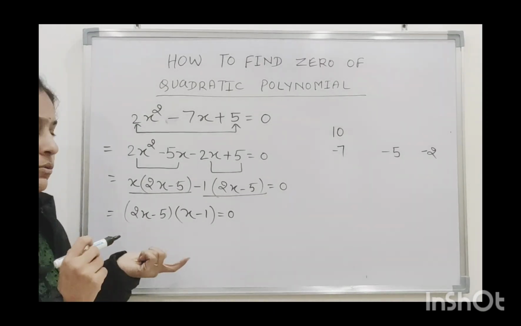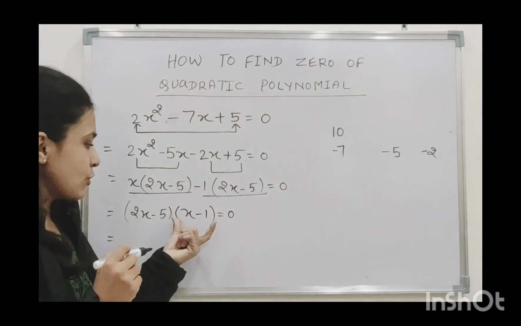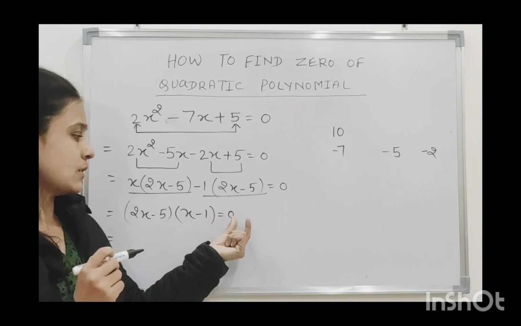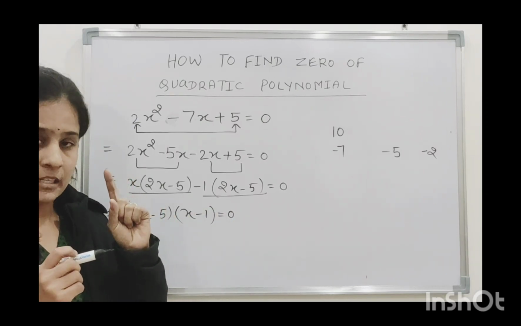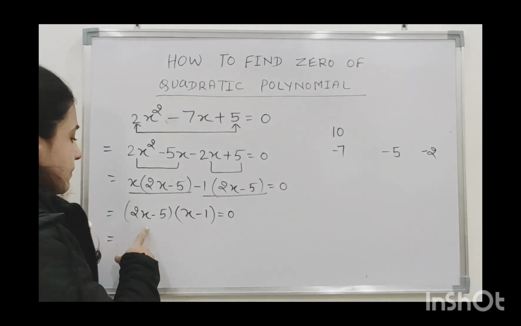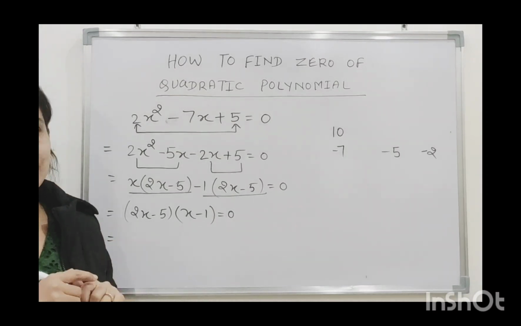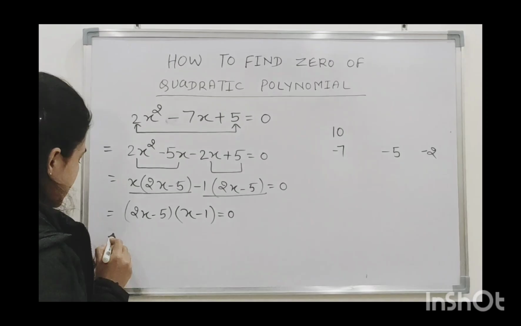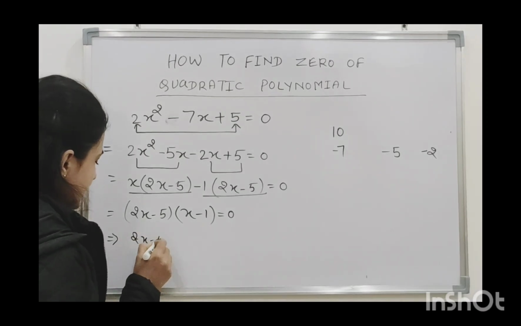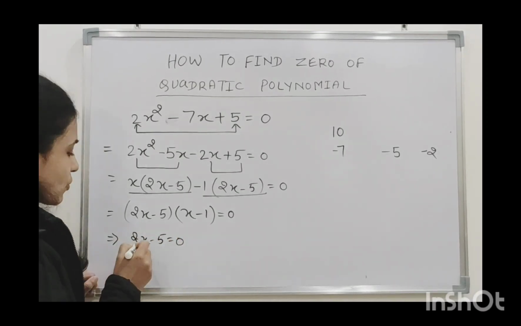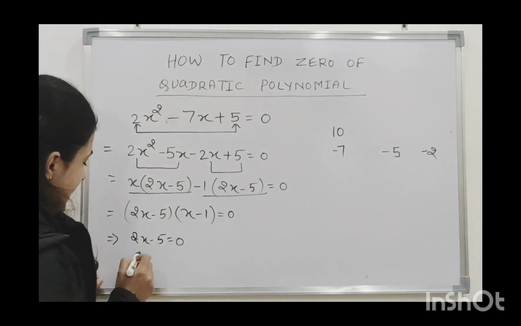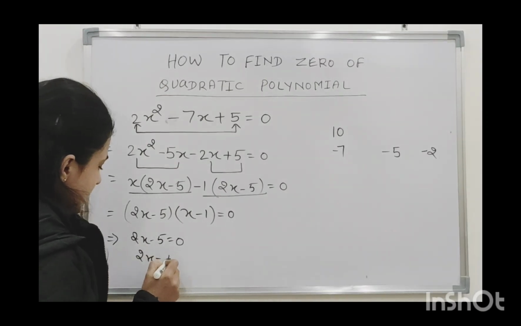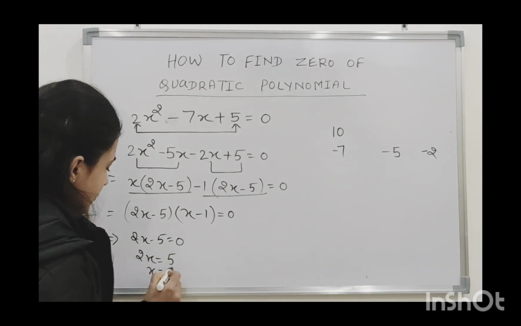Now all of you know that if the multiplication of two numbers is 0, the condition is either one number is 0 or the other number is 0. Now if this number is 0, let's take 2x minus 5 equals to 0. If we solve this for x, it will be 2x is equal to 5 and x is equal to 5 by 2.